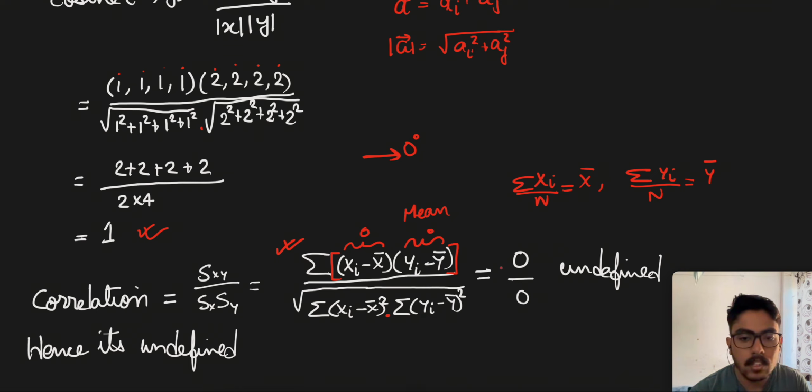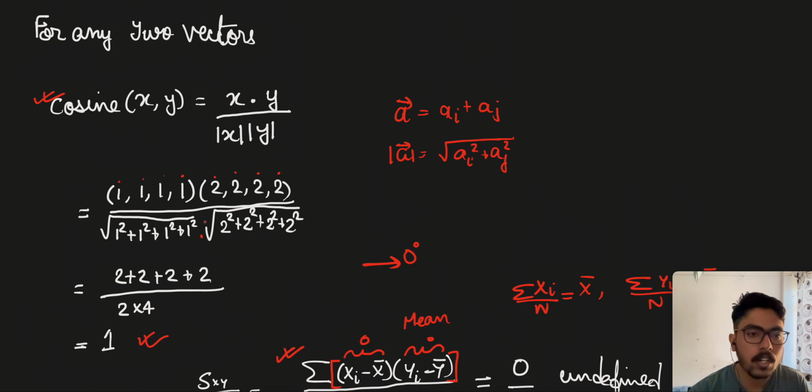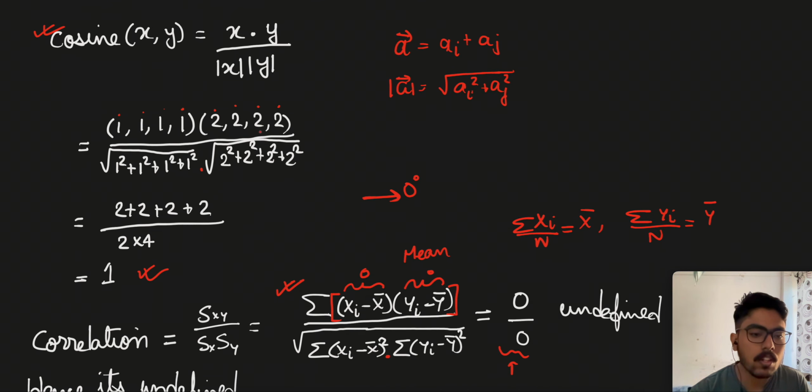So this comes out to be an indeterminate form, which we all know is undefined. There are 6 indeterminate forms, and this is one of them. So hence it is undefined, meaning the correlation between these two vectors is not defined.